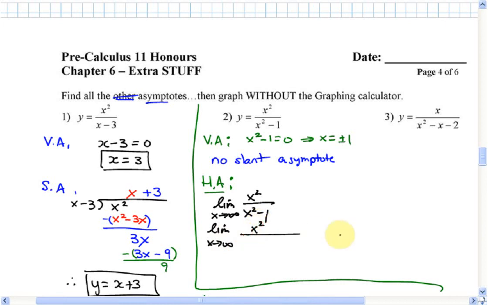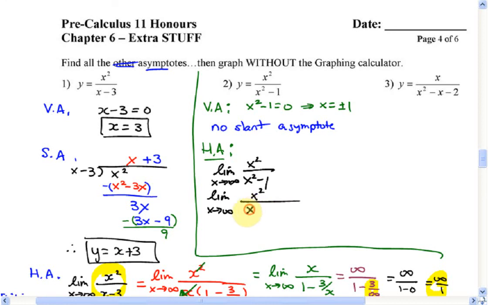Underneath here, we've got x squared. I'm going to factor that out. I'm left with 1 minus 1 over x squared. Notice that the x squareds cancel out to become 1 and 1. So now I'm asking you to calculate the limit as x approaches infinity of 1 over 1 minus 1 over x squared.